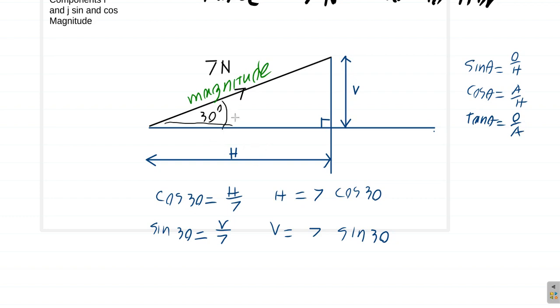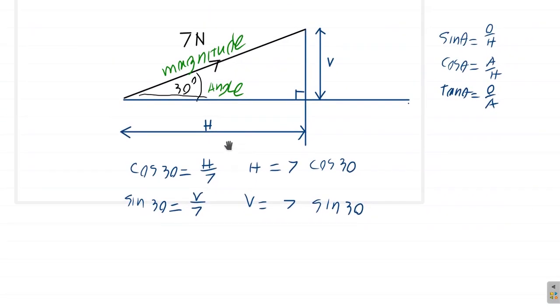And this angle would just be the angle of the vector. Now, suppose you call this vector AB, then the magnitude would be AB, but you need to do something to AB to show that it's the magnitude.